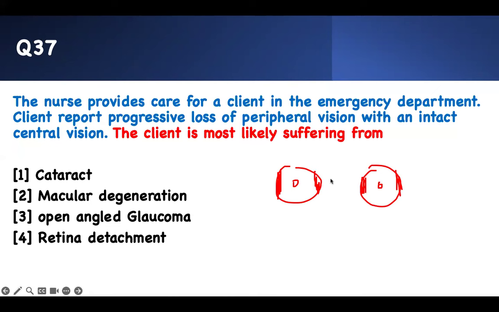That's what we call what? Glaucoma. Cataract means the lens is clouded. Macular degeneration is located in the middle, so they cannot see in the middle. Retinal detachment, you feel like fluid is falling over your eye, and it's acute onset. There's no pain described in the question. Let's take the strategy.